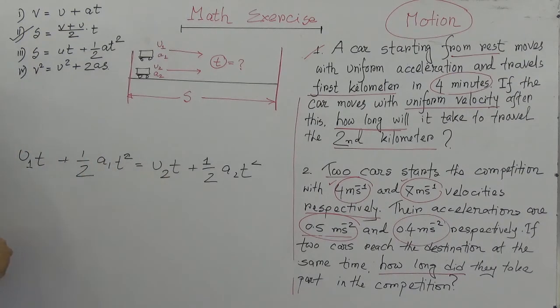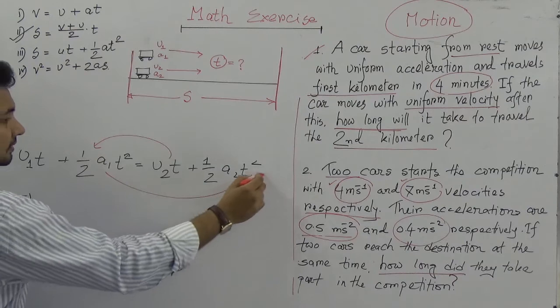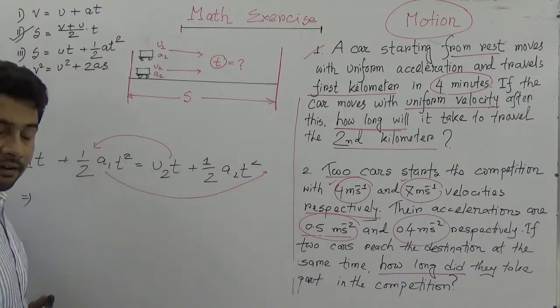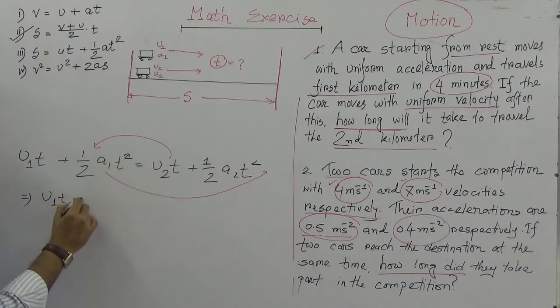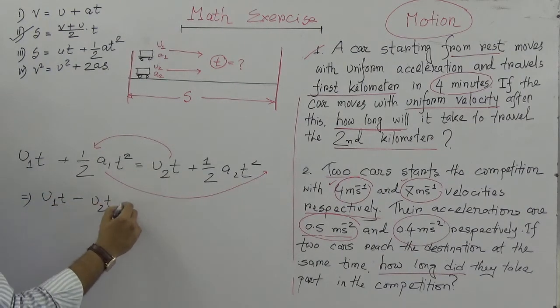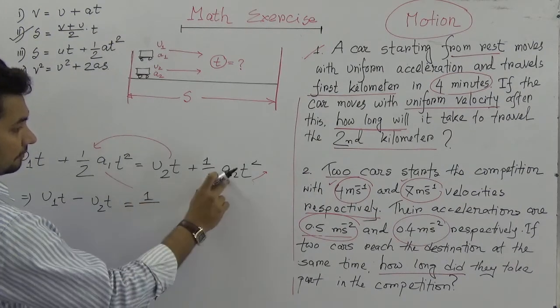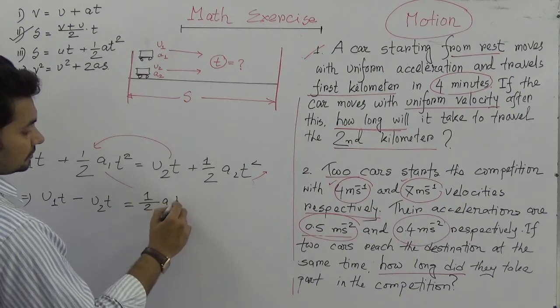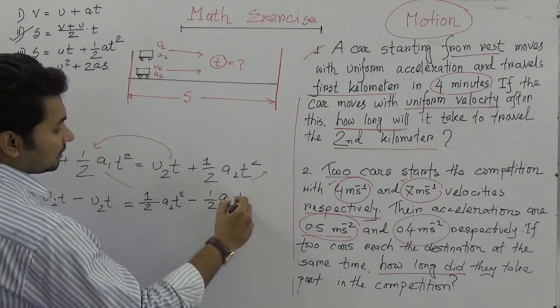If we put this one here and this one there, then we can have a good shape of equation like u1t minus u2t is equal to half a2t squared minus, on the other side, half a1t squared.